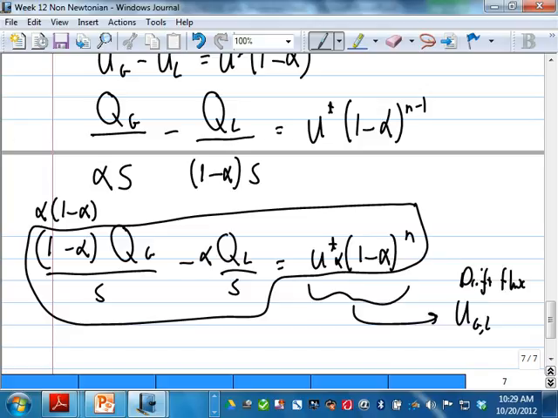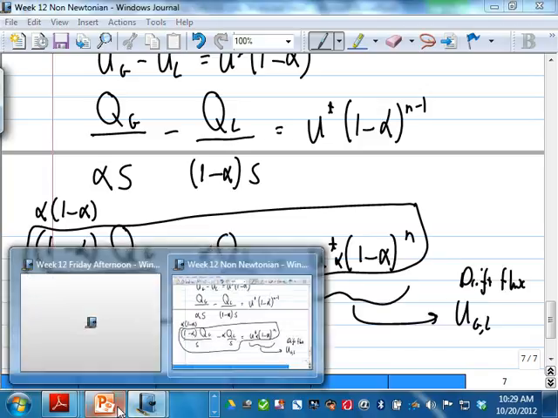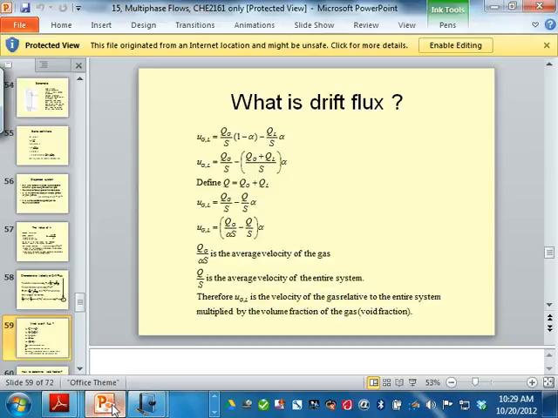Since I mentioned what drift flux is, I think this extra slide here is just to tell you what drift flux is. It is actually this one, QG over S. UGL, which is essentially the left side of the equation I showed you, can be rearranged to write in terms of QG over S minus that one.